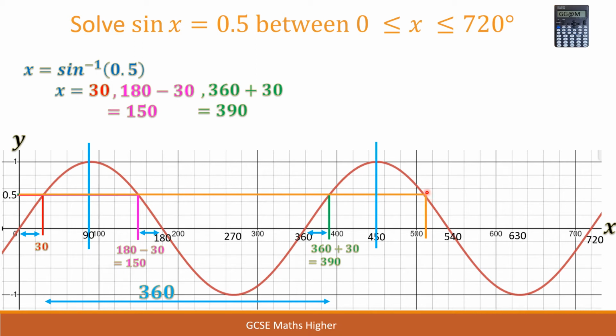Now using the symmetry of the curve again, we can see this curve is symmetrical here. The gap between 360 and the green line was 30. So the gap between 540 and the brown line, or the yellowy line, is also going to be 30. So we can also see that from the second angle we got of 150, if I add on 360 again because of the symmetry of the curve, it will give me the new angle as well.